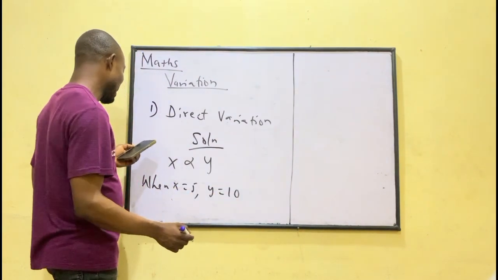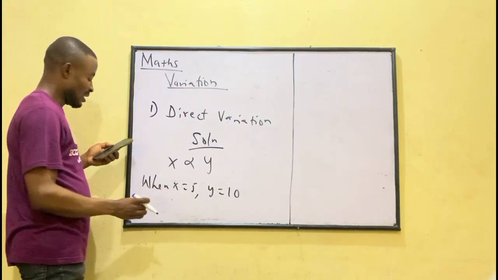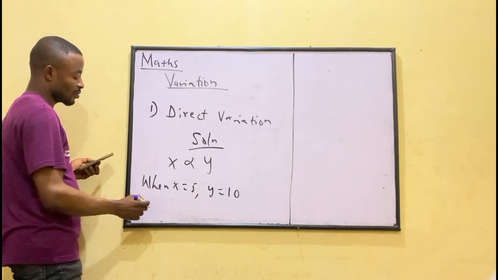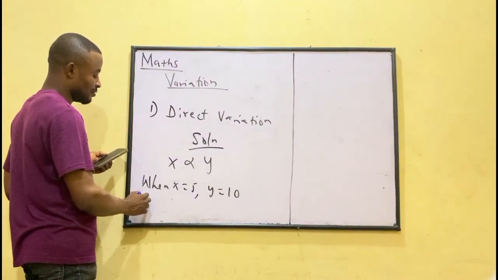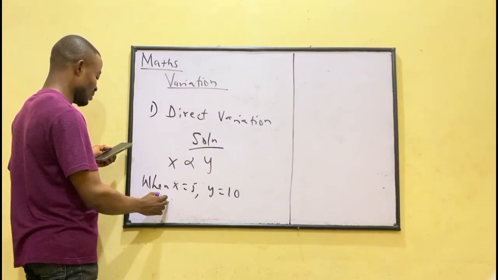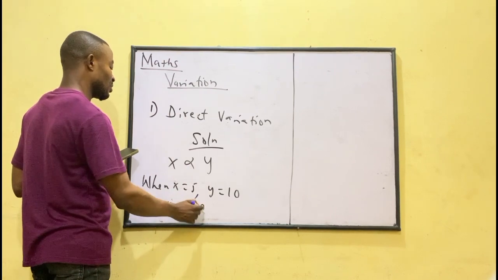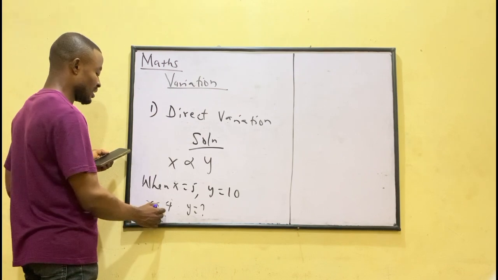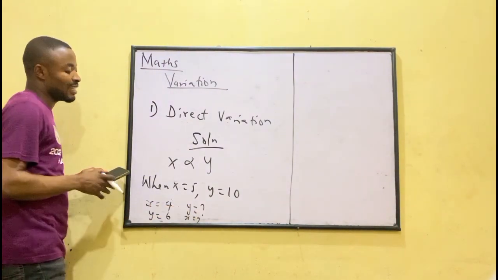Now calculate the value of y when x is equal to 4, and the value of x when y is equal to 6. So we have the value of y when x is equal to 4, y is not known, and when y is equal to 6, x is not known. So this is the kind of thing we have here.